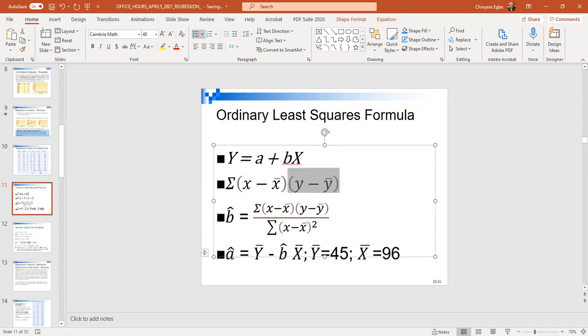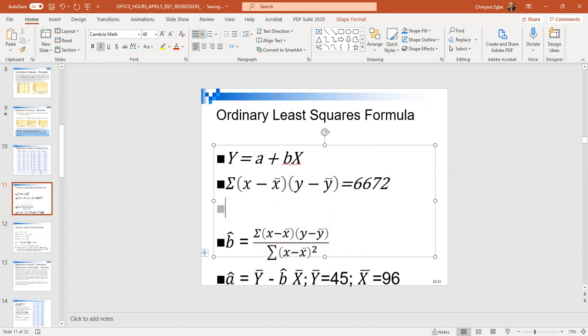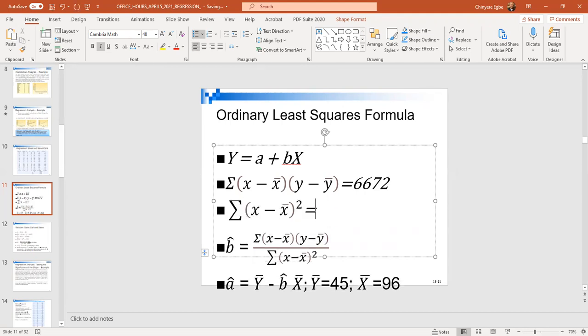And we found that to be 6672. And then summation x minus x bar squared, we found that to be 25,600. All right.